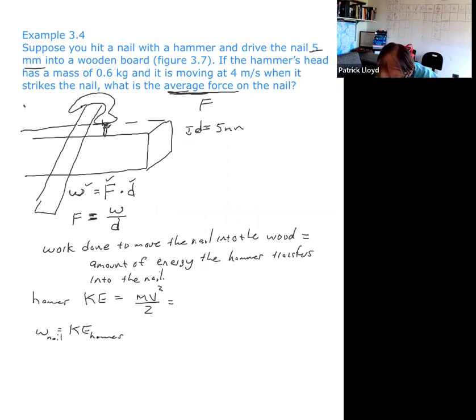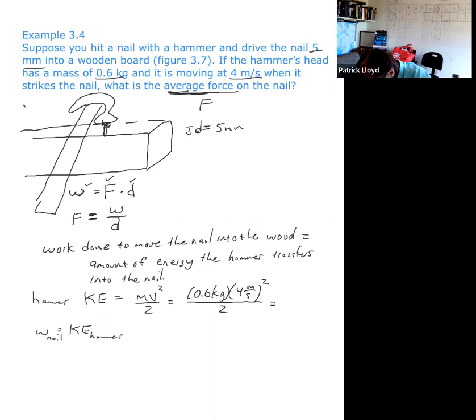The hammer has a mass of 0.6 kilograms. It has a velocity of 4 meters per second, but we have to square that: mv squared divided by 2. So if we take 0.6 and multiply that by 4 squared over 2, that would be 0.3 times 16, so about 4.8.